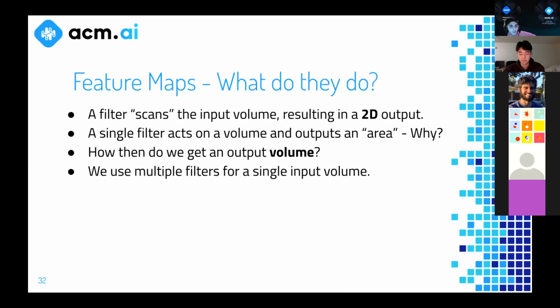Most models are going to have many more than one filter, some upwards of 50 or 60 of these filters. You're going to scan the image with each and stack those 2D outputs on top of each other, and that culmination is what the convolutional layer output is. Awesome. So any questions on this concept before we move on?